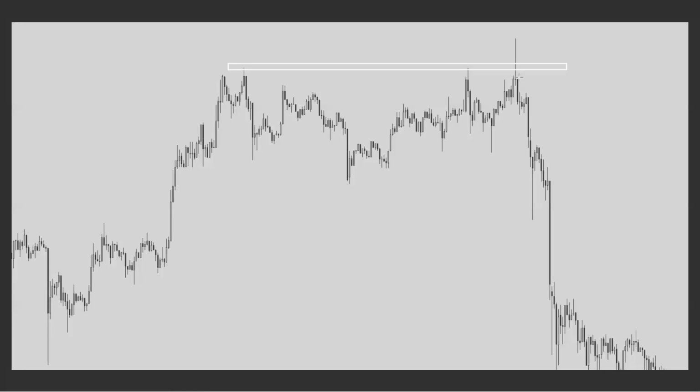when you're a buyer, you're a seller, and when you're a seller, you're a buyer. So let's say you get short somewhere at the top of this range.